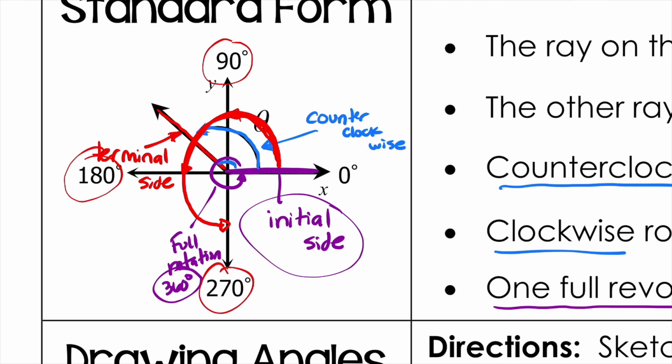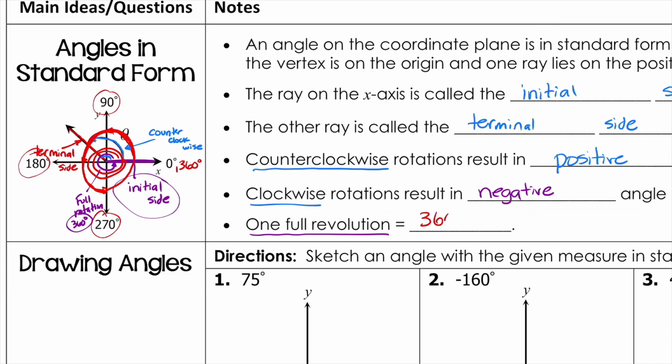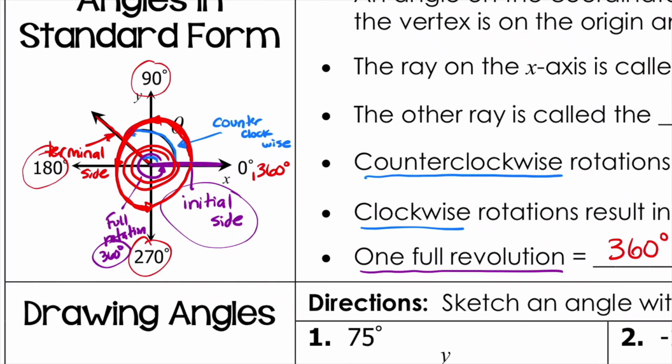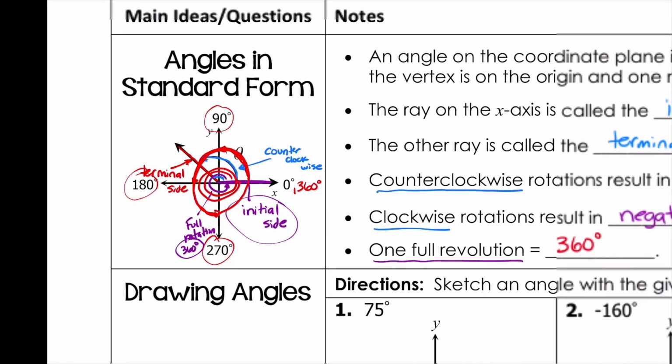And if I go all the way around, it's 360 degrees. And it keeps spinning and spinning. I can actually keep going. If I do 2 full revolutions, that would be 720 degrees. So it's kind of infinite. When we start doing graphs of these, you'll see how cyclical it is, how it keeps going back and forth, up and down, because we can go on forever.